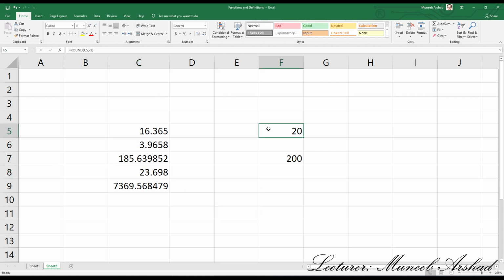Now, moving on to more functions like round down and round up. There's only one difference between rounding up and rounding down as compared to the round function. The rest remains the same, only how this is applied actually changes. As the name suggests, first let's talk about round down.